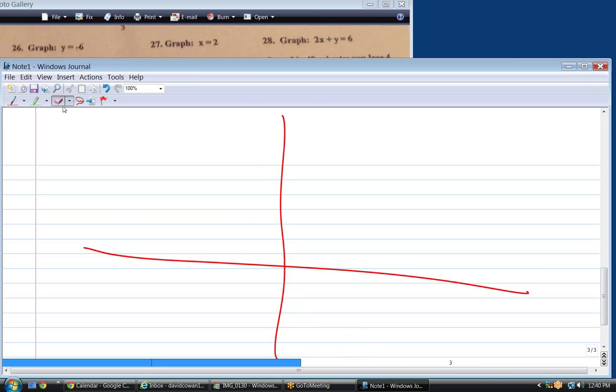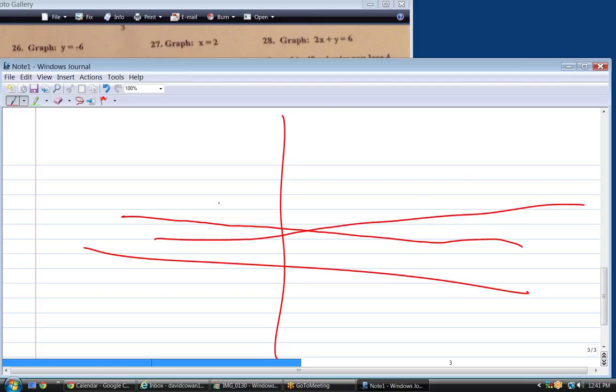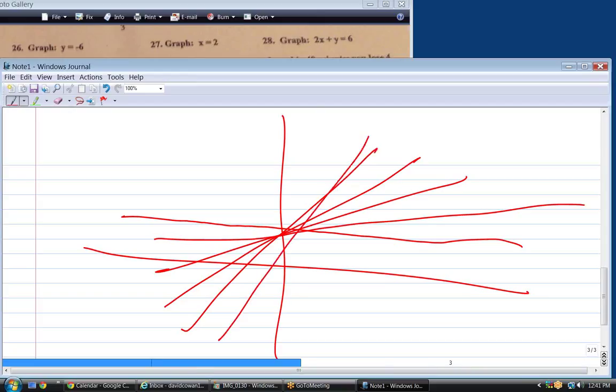Okay, there's a 0 slope. I will start. There's a positive slope, positive, positive, positive, positive, positive, positive, negative.